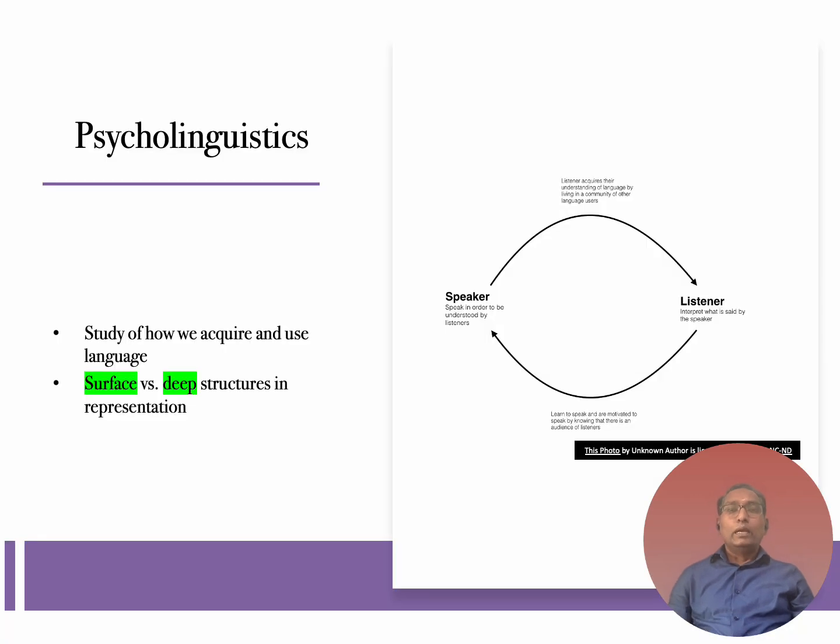So, as we said, psycholinguistics is the study of how we acquire language and how particularly use language. Now, within this context is this idea of the utility of language at a very basic level, and how the person who produces language and the other person who consumes language, the relationship between these two.